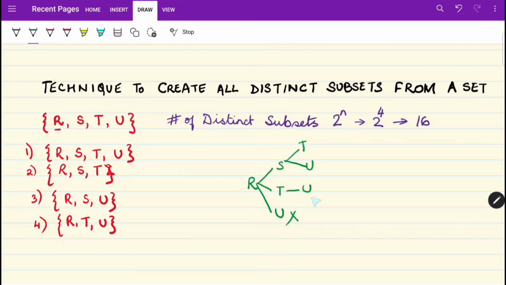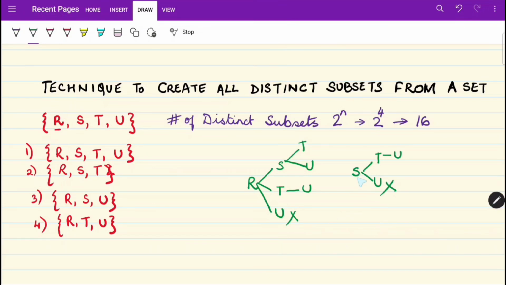Now we will work on another one starting with S. So there's going to be another tree starting with S. So this time I'm going to write S. What comes after S? We can either get a T or a U, correct? And then what comes after T? After T comes U, so I'm going to write a U. And there's nothing after U, so this falls off the tree.